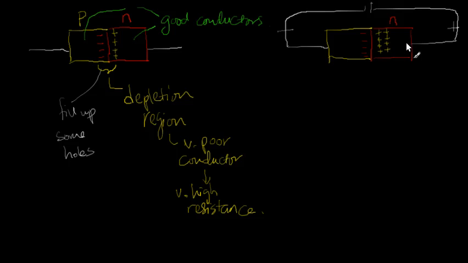In either case, as electrons flow out, the remaining positive charges would just accumulate towards the left, towards this depletion region.